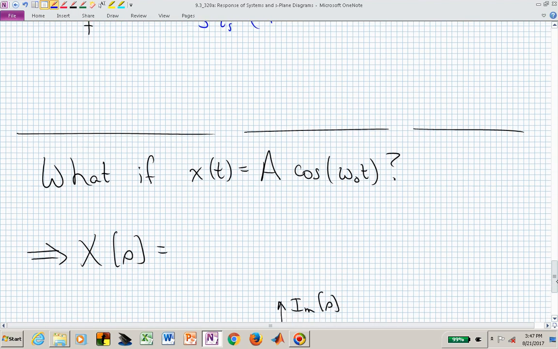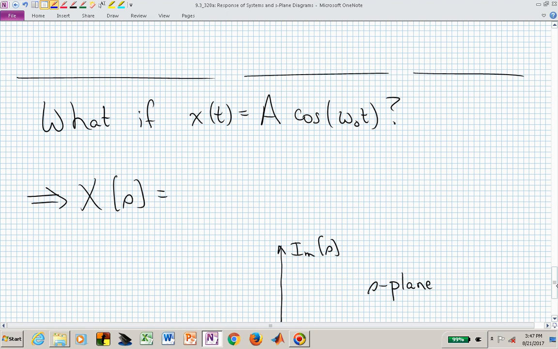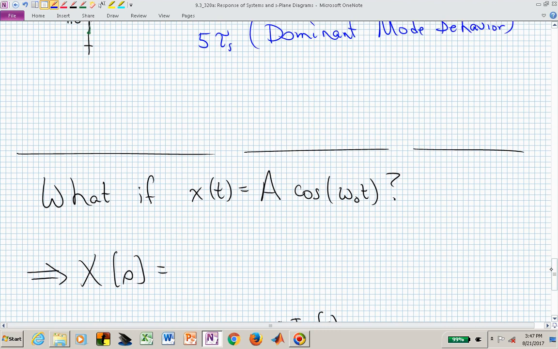Let's look at this for a different kind of input. What would happen if we applied not an exponentially decaying waveform, but a sinusoidal signal? What happens if we shake this system at a frequency of omega naught? What's capital X of S?